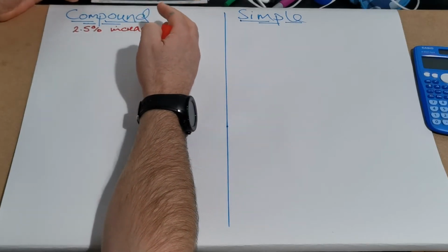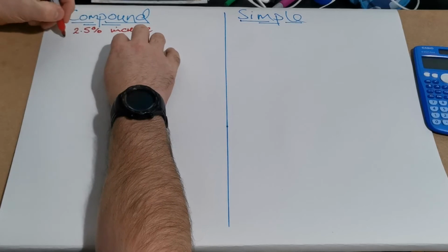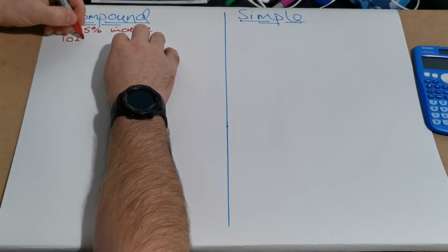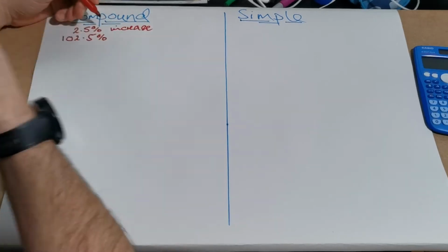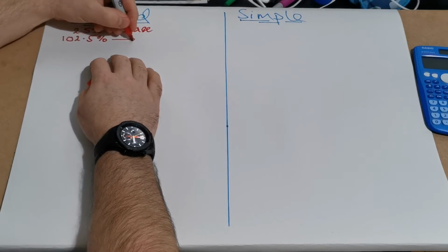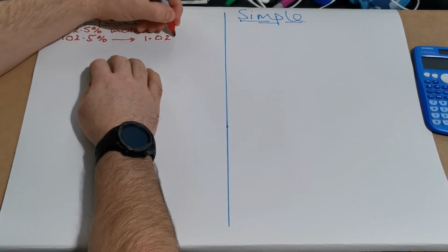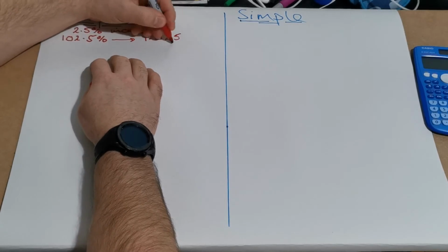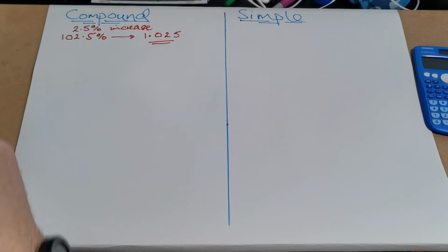So the whole is 100%. You add on 2.5%, that's 102.5%. And remember, percent means divide by 100. So changing that to a decimal, we've got 1.025. Now that's going to be our multiplier.